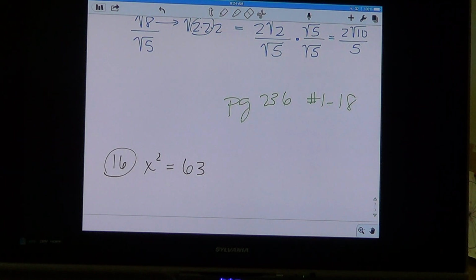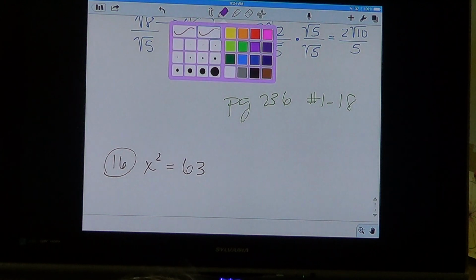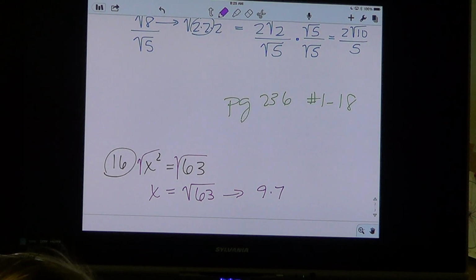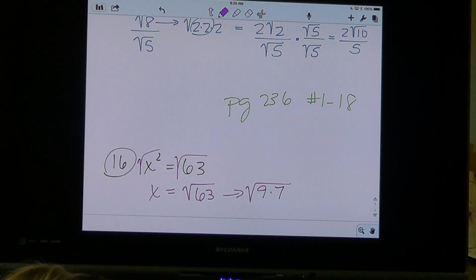So you would take the square root of both sides. So really you just have to simplify the square root of 63. 63 would be 9 times 7, or 3 times 7, which, so therefore that would be 3 root 7.